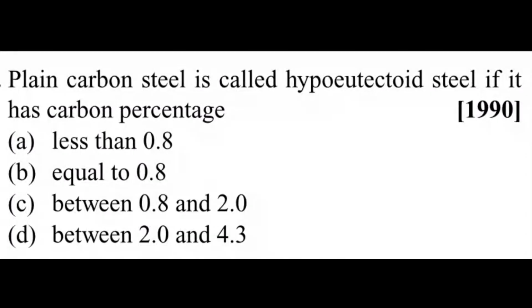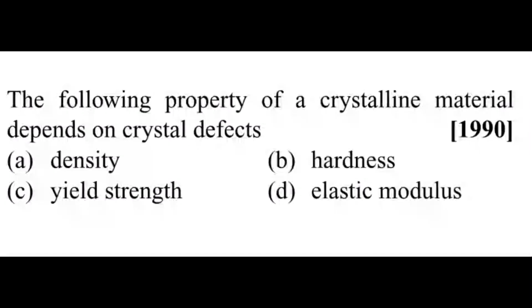Plain carbon steel is called hypoeutectoid steel if it has carbon percentage less than 0.8. The following property of a crystalline material depends on crystal defects: yield strength.